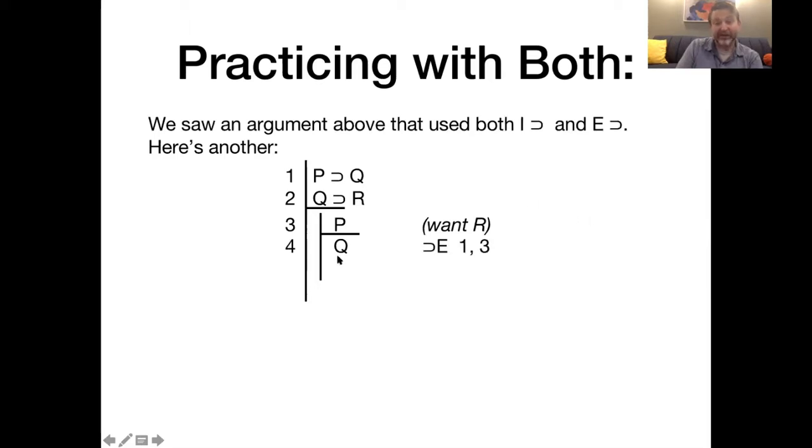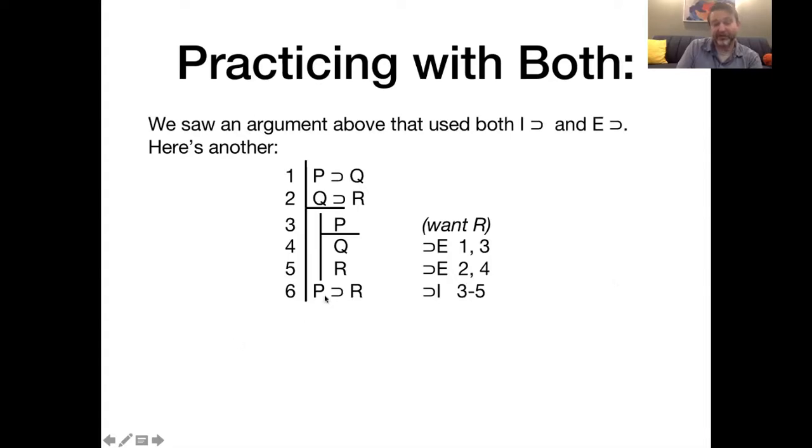Well, clearly, through a single application of conditional elimination, we can derive Q from step 1, if P then Q, and from step 3, P. And then if we have Q, we can infer from step 2, if Q then R, and step 4, Q, that R follows. And so we'd use another instance of conditional elimination to get that from premise 2 and step 4.